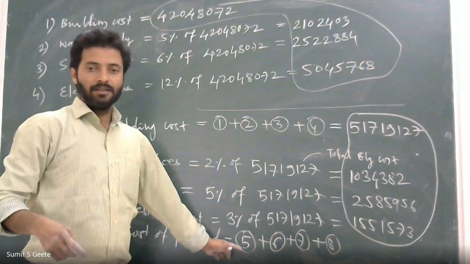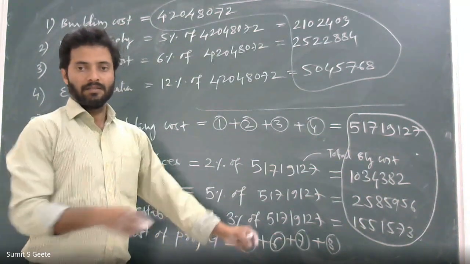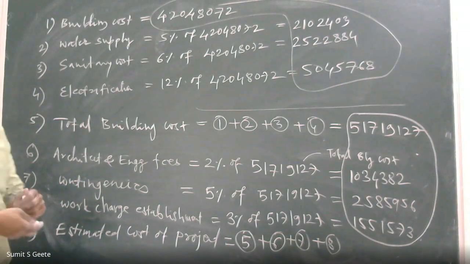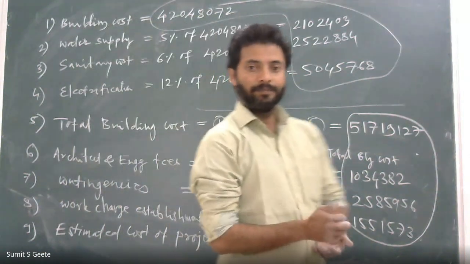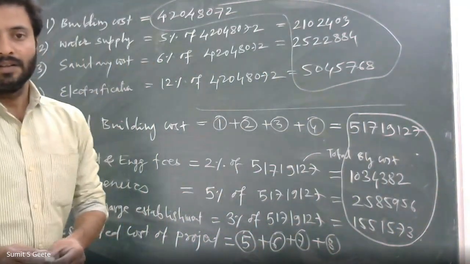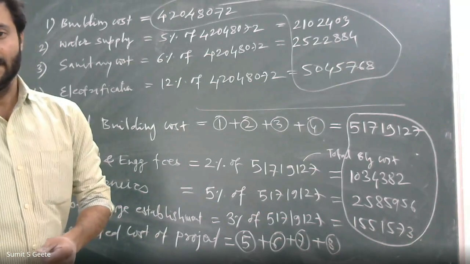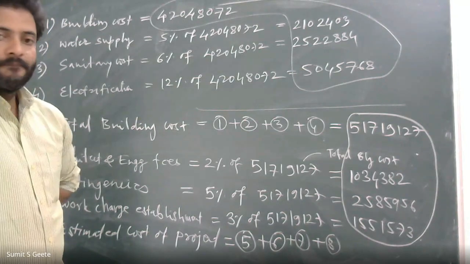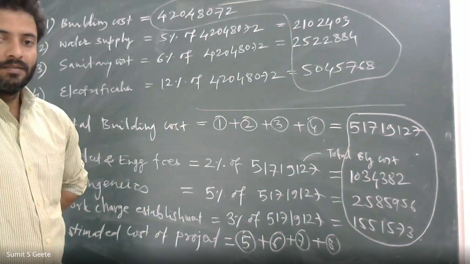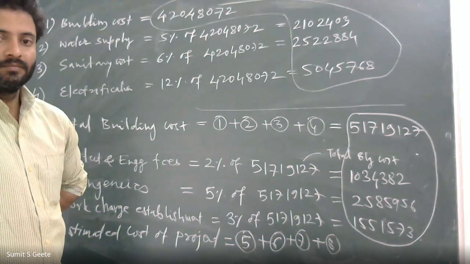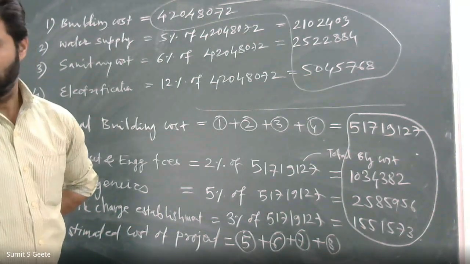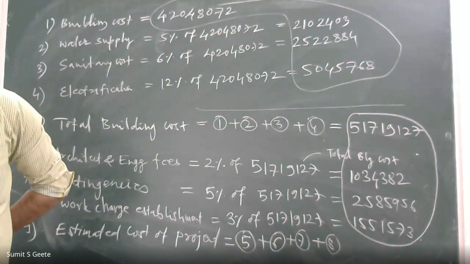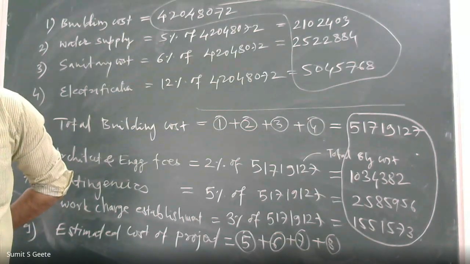This is visible? Yes, sir. Okay. So tell me this estimated cost of project. How much? 1551573. Five, 6.